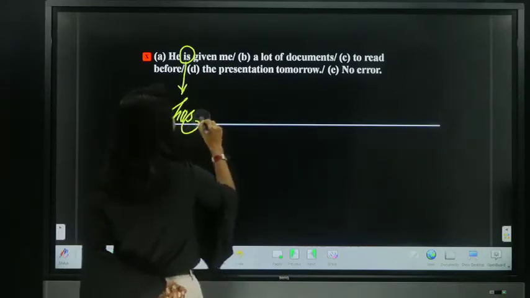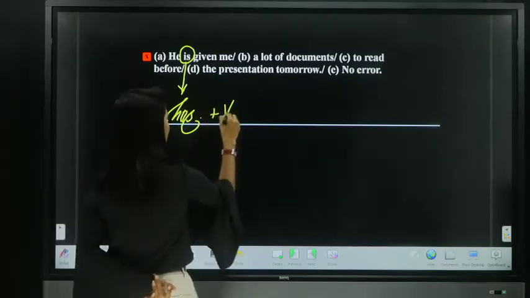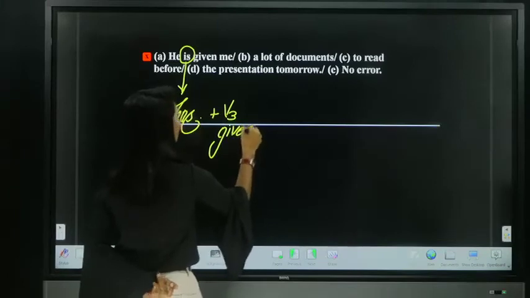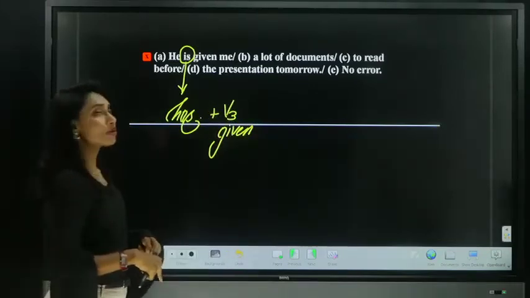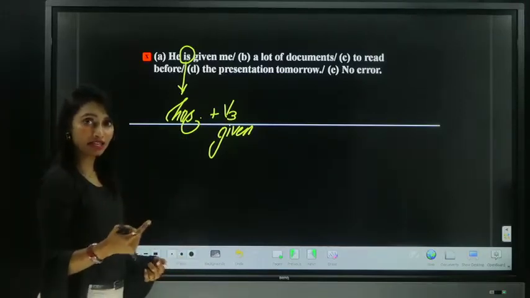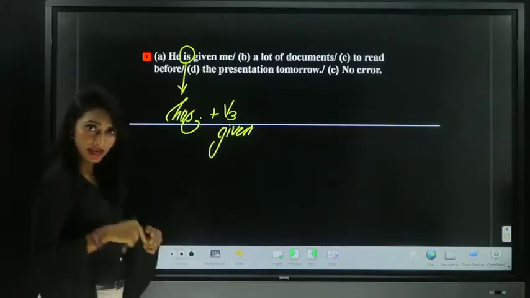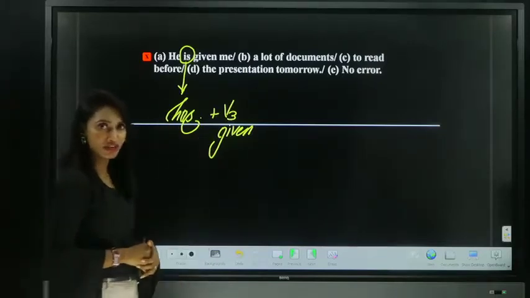He has given me a lot of documents. So has plus V3. V3 is nothing but given. So he has given me a lot of documents to read before the presentation tomorrow. Tomorrow's presentation, he has given me documents today, now. So it should be present perfect. Has plus V3. Has given is the correct one.